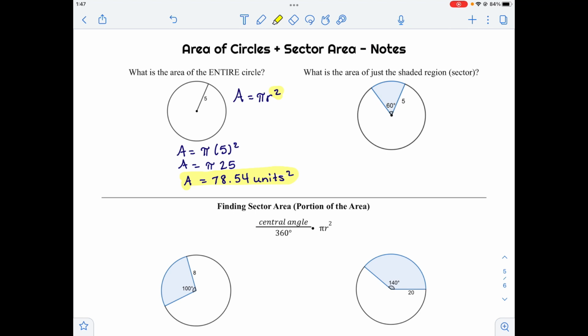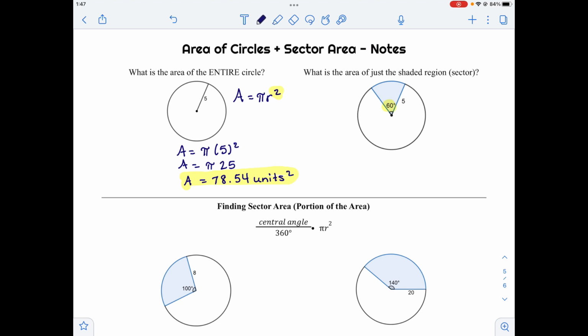So notice that we have 60 degrees as our central angle. So if we want to know the arc measure, we would know it's 60 degrees, but we want to know the length. Okay, so we're going to use that same ratio and find out what percentage of that is our shaded part. We want to know what percentage that is of the whole circle.